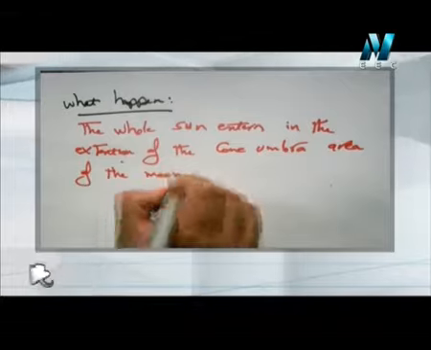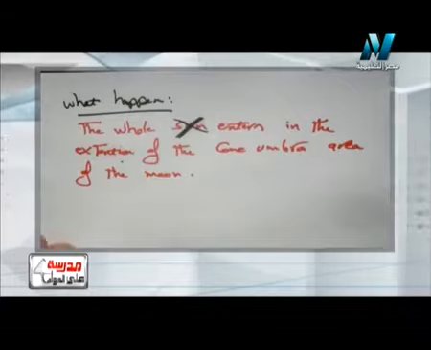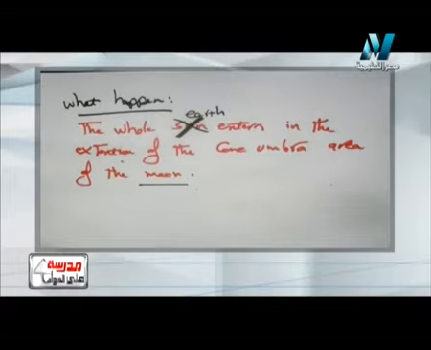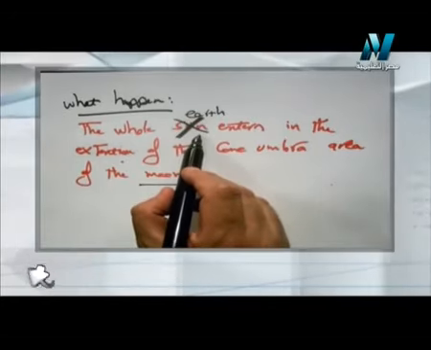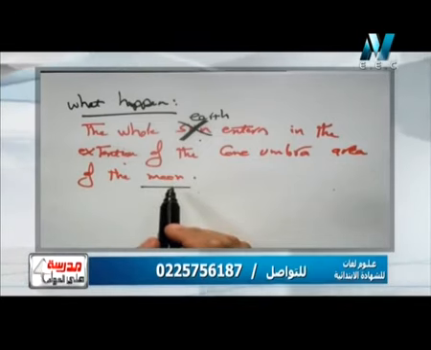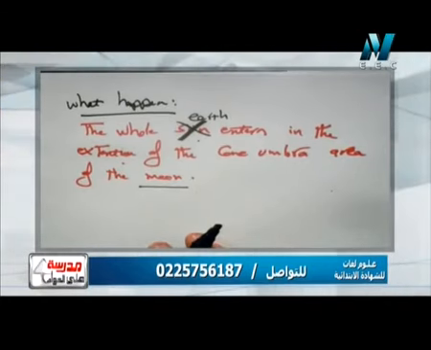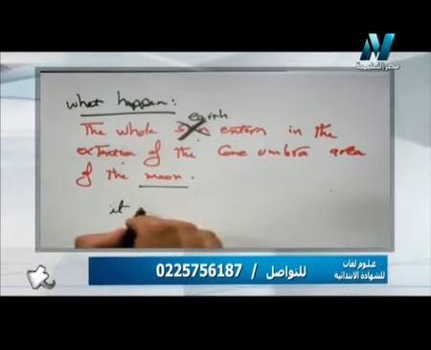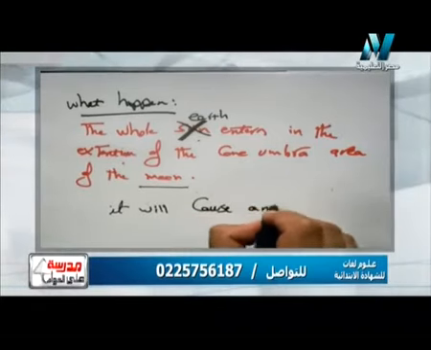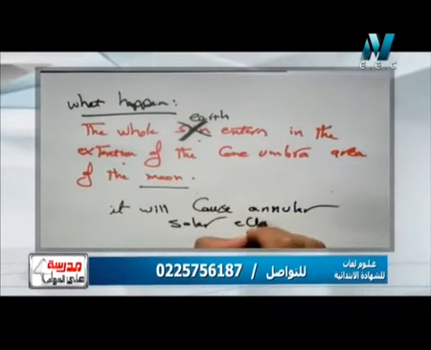The question must be converted. This is truly not the sun. It will be the earth, and the moon. If the first word sun is replaced by the earth and the last word moon stays the moon, then if the earth enters the extension of the cone umbra area of the moon, it will cause an annular solar eclipse.